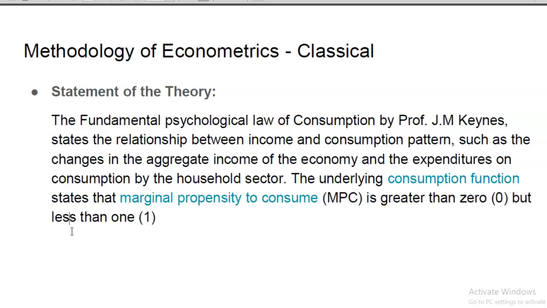So what is this marginal propensity to consume? With an increase of 1 rupee income, what is the change in the consumption expenditure? Is the consumption expenditure increasing by 50 paisa, or 60 paisa, or 70, or 80, or 100%?